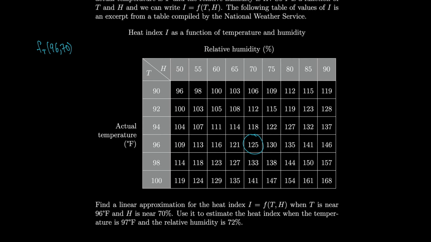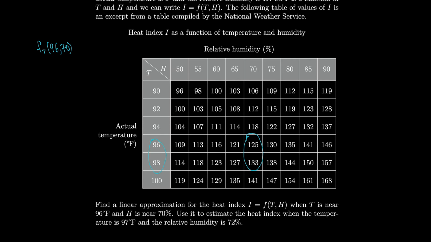So how about we get the secant for a nearby point? How about we do 98 to 96, where 70 is held constant the entire time. So that'll be our partial derivative there. So let's look at from 96 to 98 and 125 to 133.